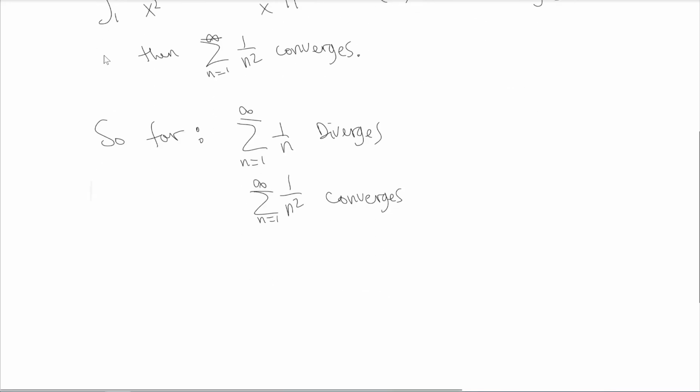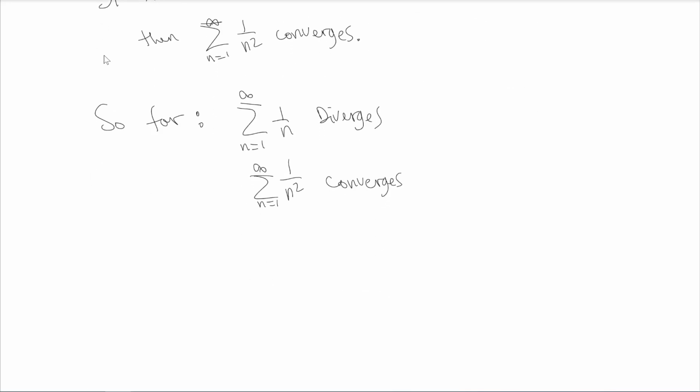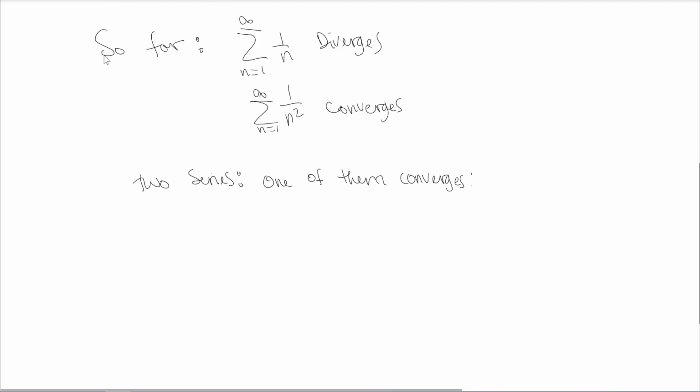So the big question then is, well, first let me ask you, what if I have two series and you know one of them converges and the other one diverges? So here are the two.